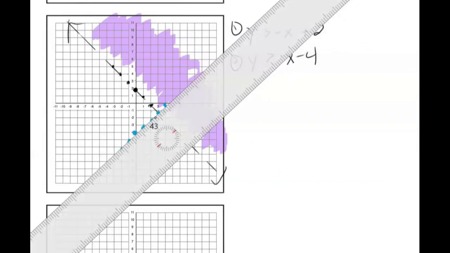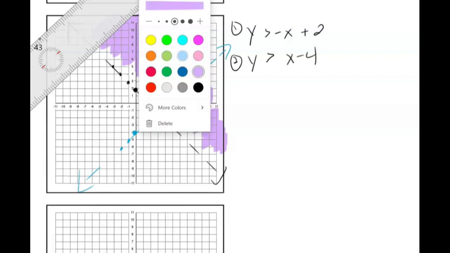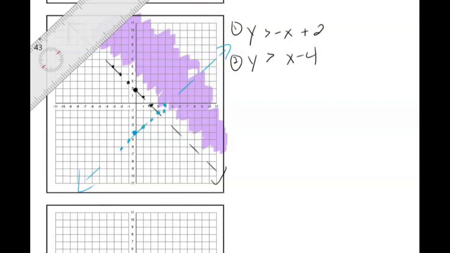All right, is this going to be a solid or a dotted line? Hopefully you're getting that part, and it's going to be a dotted line. All right, let's grab another highlighter. Now, this is also y greater than. Y greater than is going to shade above the line.